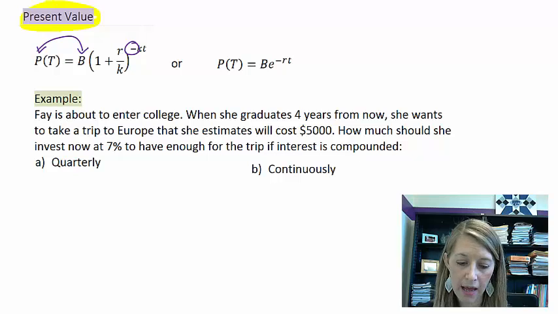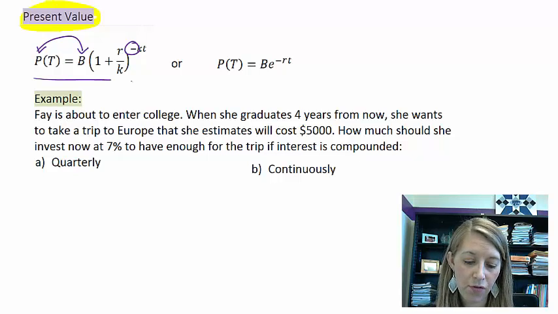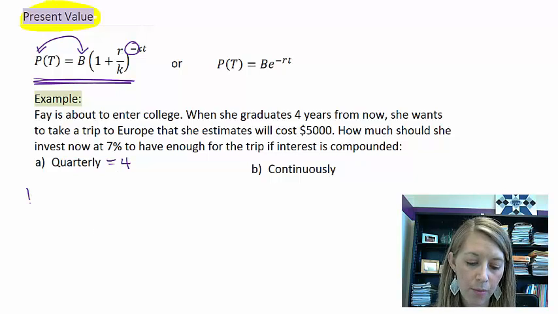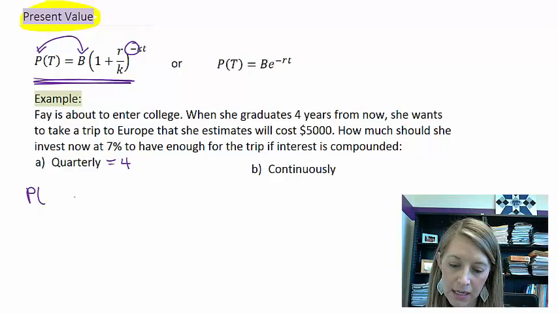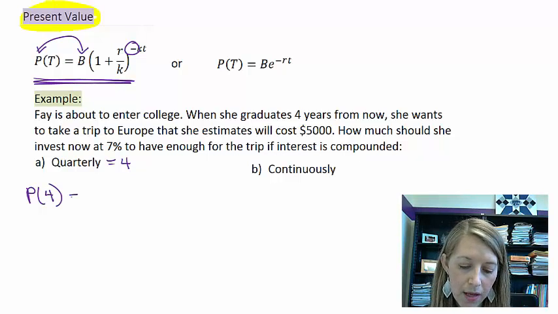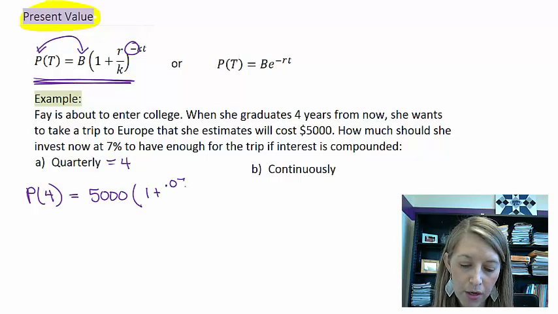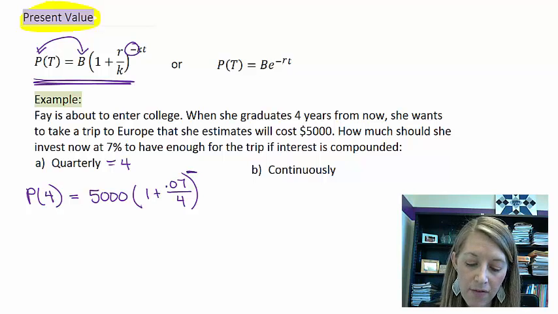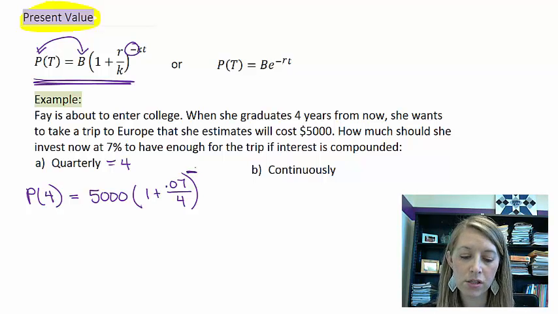Okay, in part A, we have this formula because we know it's going to be compounded 4 times a year. And so we have our present value at the end of 4 years is our ending balance of $5,000 times 1 plus my rate of 0.07 over 4, to the now negative exponent because I'm doing the inverse.